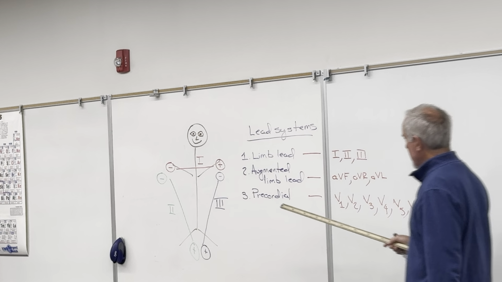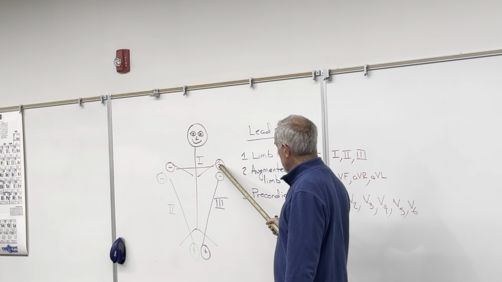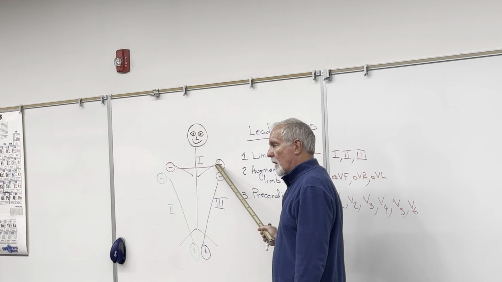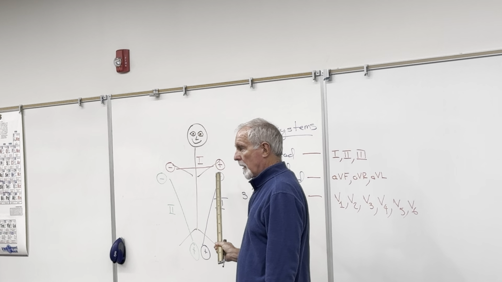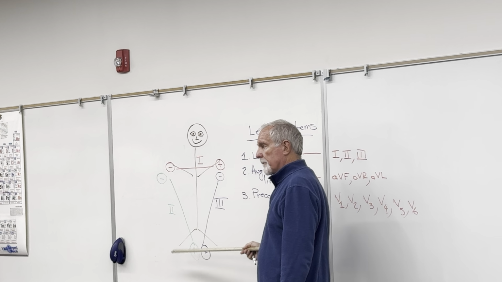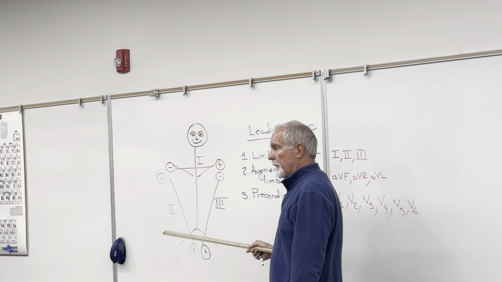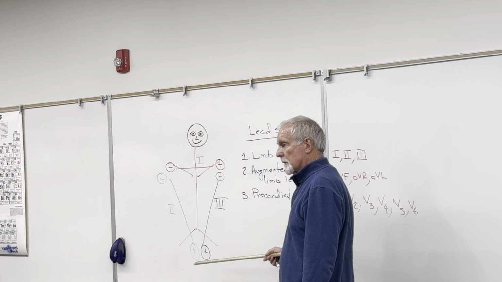Over here is kind of the scheme I laid out for you last week. We've got lead 1, which is the left arm is positive, the right arm is negative. You're going to need this for tonight. Lead 2, the right arm is negative, the feet are positive. Lead 3, the left arm is negative, the feet are positive.